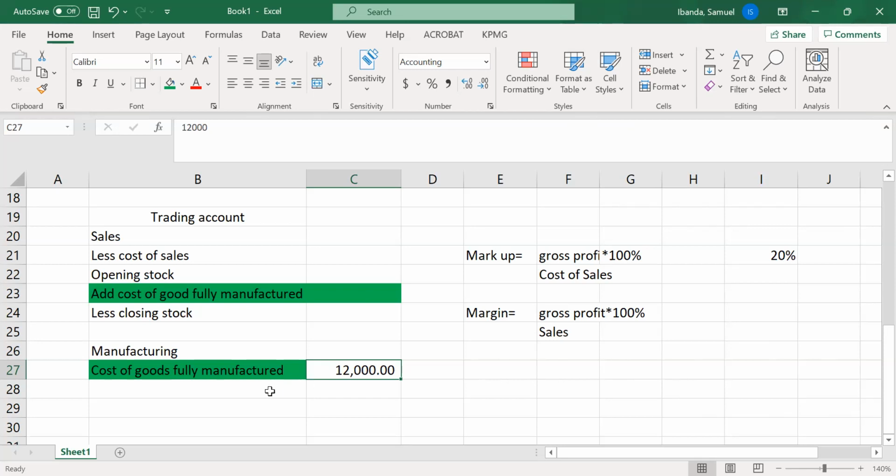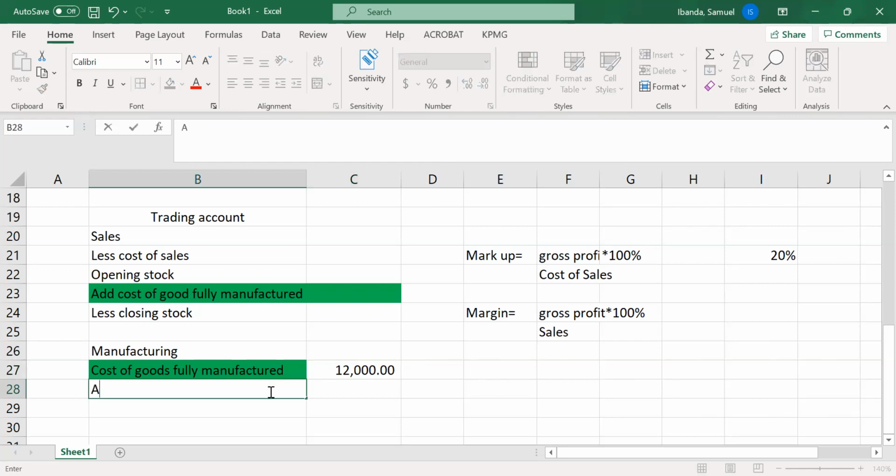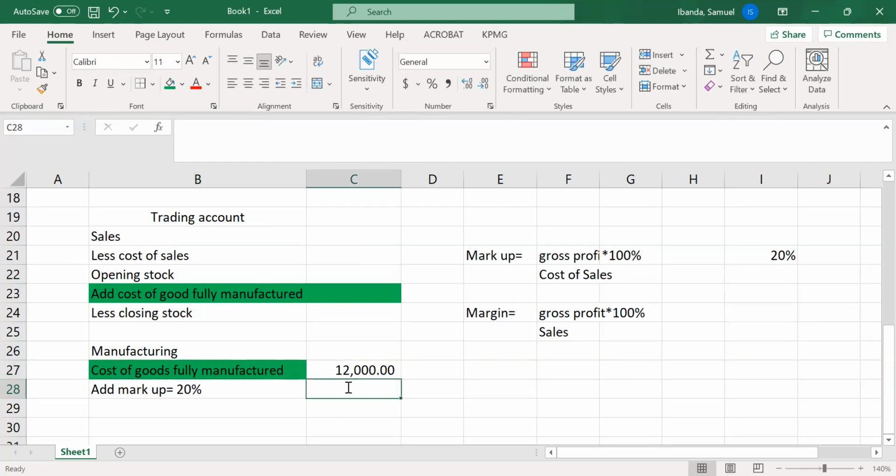Now, if you're adding a markup of 20%, in most cases, they'll give you this in percentage. If this is 20%, then you know that if you want to calculate markup and they say 20%, you just do 20% of the 12,000. So let's say maybe 20% of this. So you're able to get this value, okay?